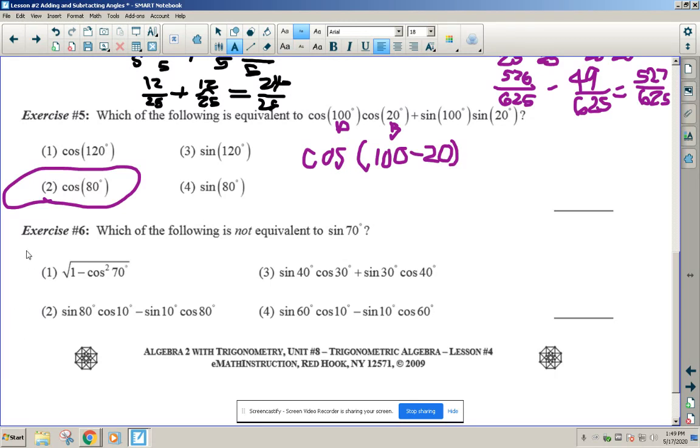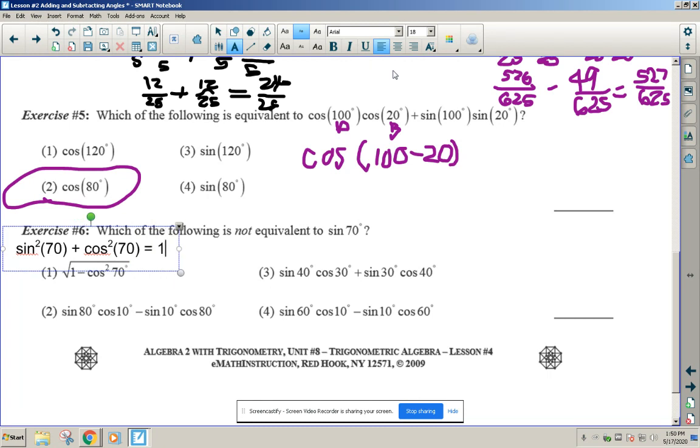All right, so this one would have been sine squared of 70 degrees plus cosine squared of 70 degrees is equal to 1 whole.